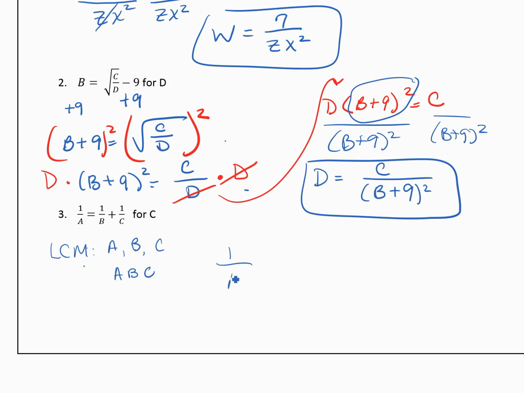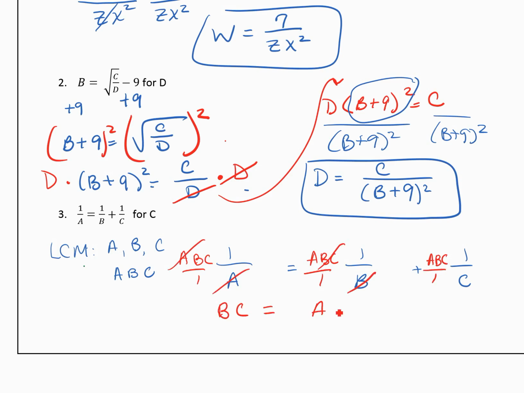So we have 1 over a equals 1 over b plus 1 over c, and we want to multiply through by abc over 1. Now let's see what happens. This first term, the a's cancel out, and we're just left with bc. The second term, the b's cancel out, and we have ac. And the last term, the c's cancel out, and we have ab.